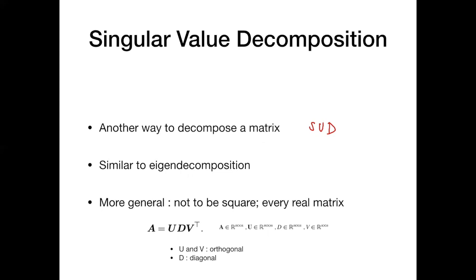The second matrix is a diagonal matrix D with the shape of m times n. And the last matrix is V with the shape of n times n. It is noted that both U and V are orthogonal matrices.